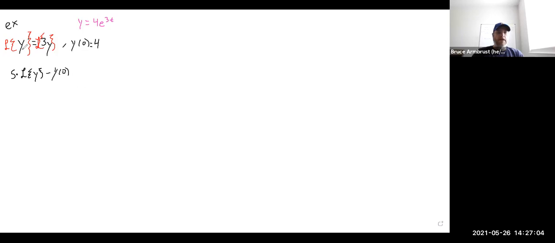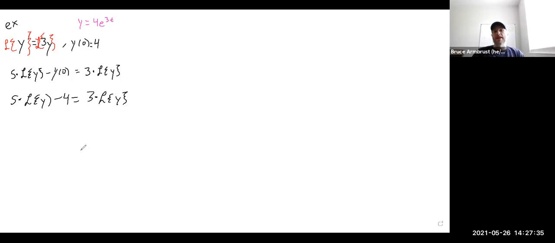And the Laplace transform of 3y is 3 times the Laplace transform of y. I know y of 0, the initial condition, is 4. So this is s times the Laplace transform of y minus 4 equals 3 times the Laplace transform of y.